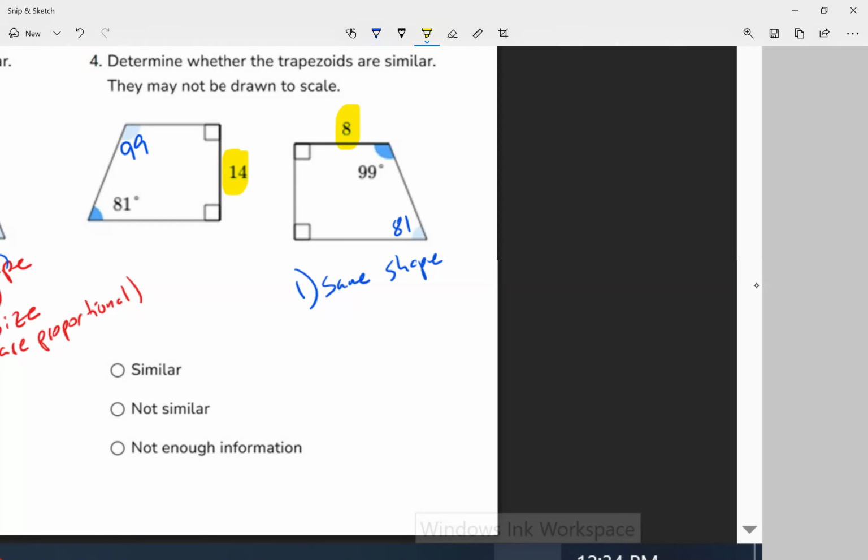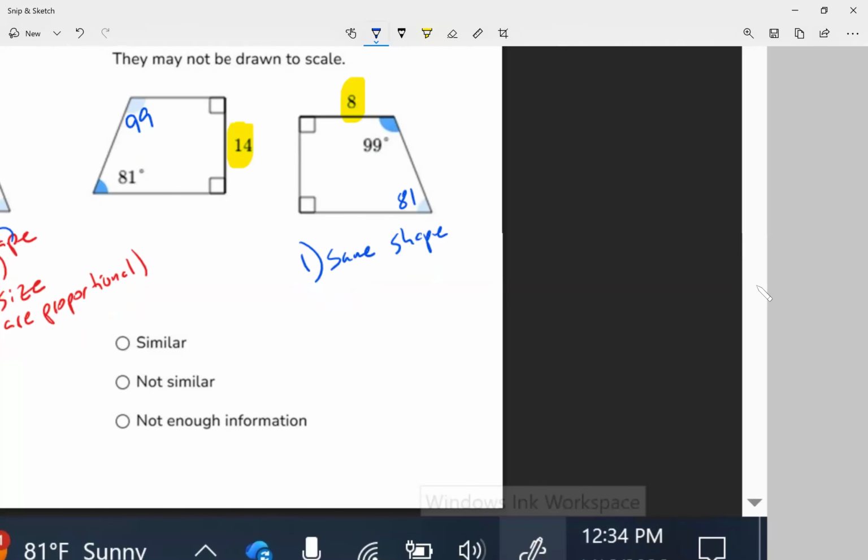Here, I don't have enough information to make fractions. So in this case, I'm going to say not enough information. So angles have to be the same, but I need to have at least two sides per figure, right? I need to make fractions. So I need to have at least two numbers.